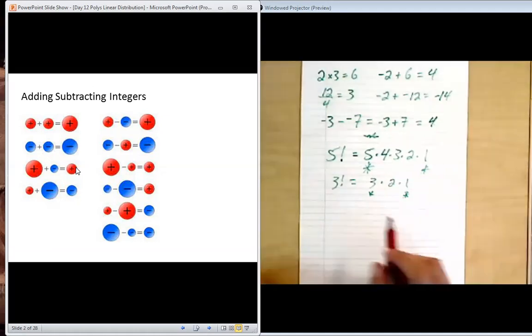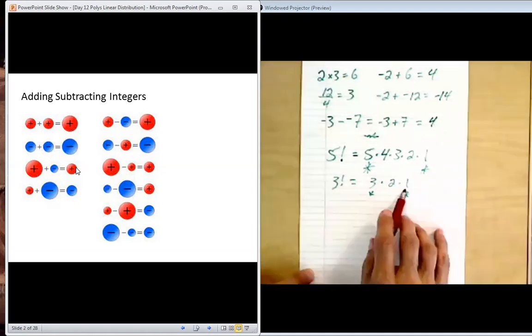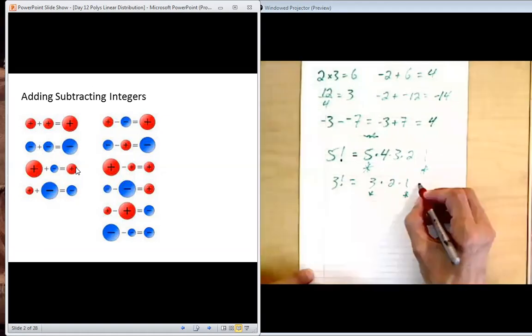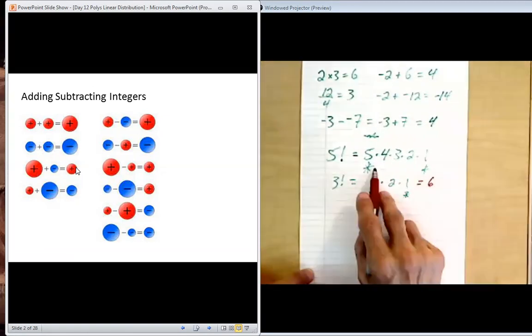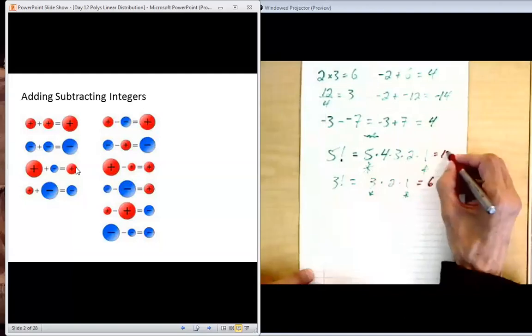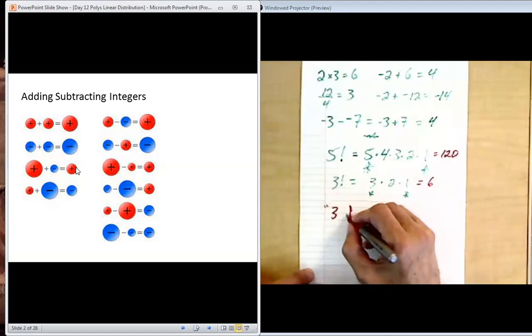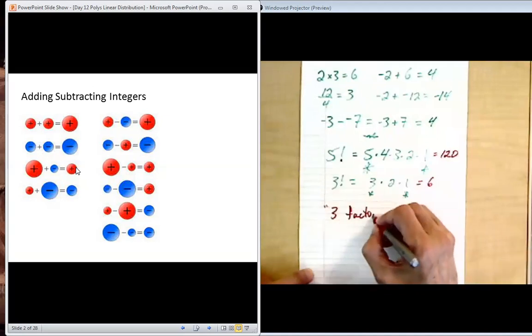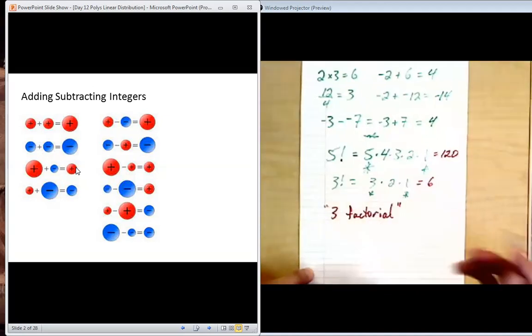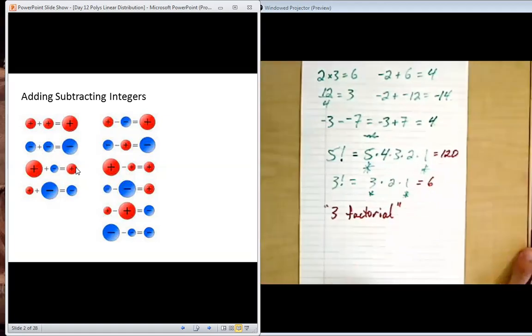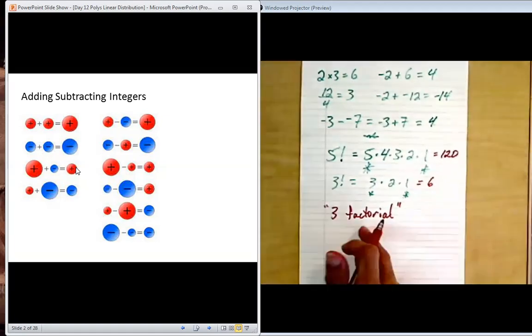So multiply these all together. I think this happens to be 6. This happens to be 20 times 6, so that's 120, right? What is this called? This would be 3 factorial is how you say that. We say factorial. In class, they're just asking what's the word for this.